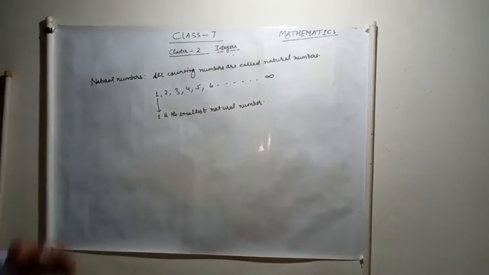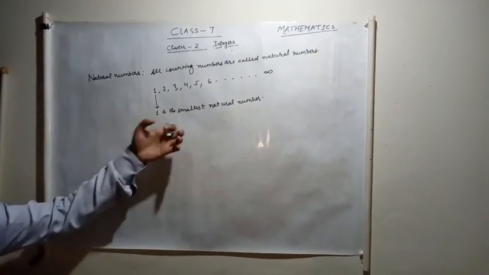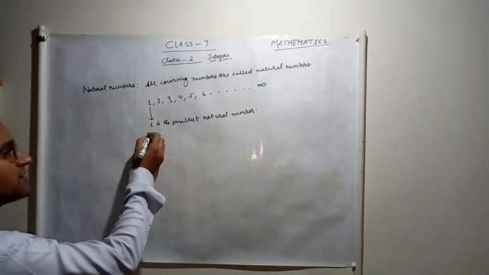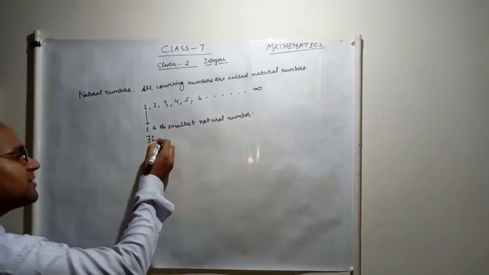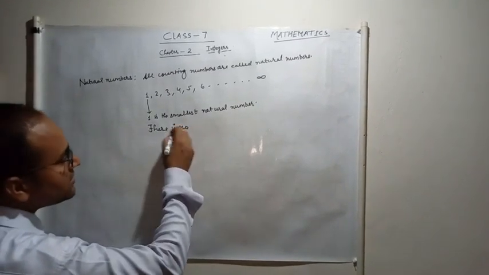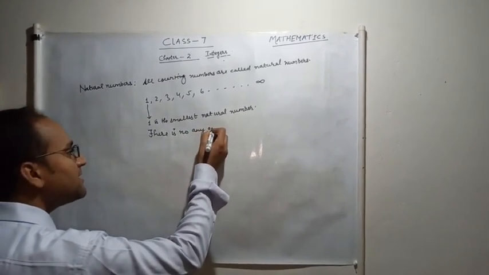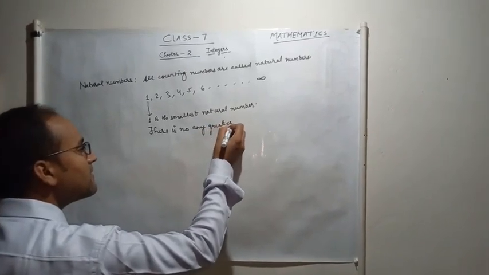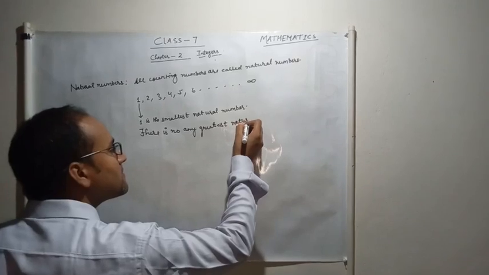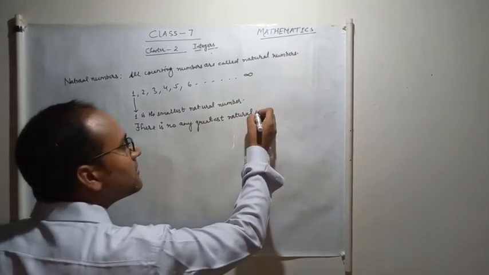There is no other number which is less than 1 and which is natural. Then the second point is there is no greatest natural number.